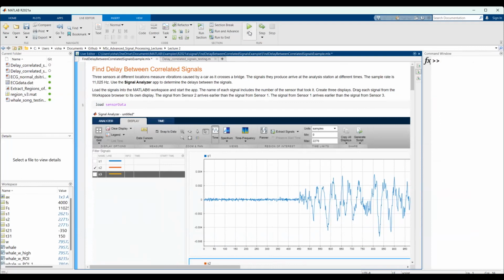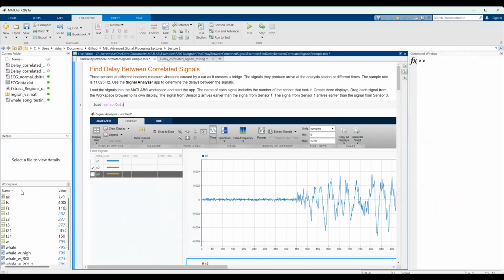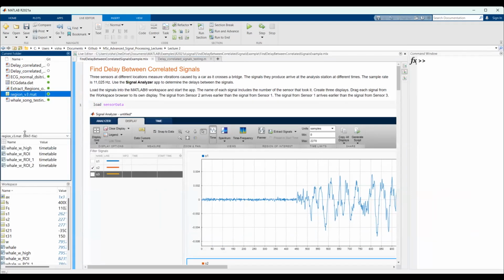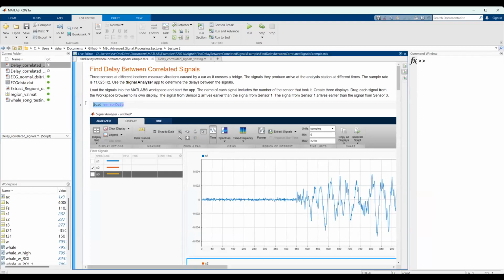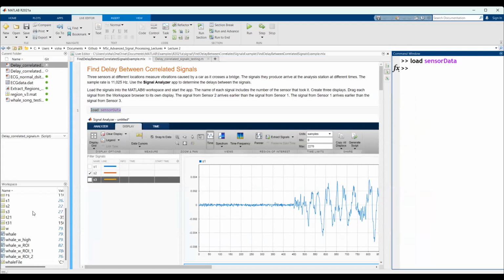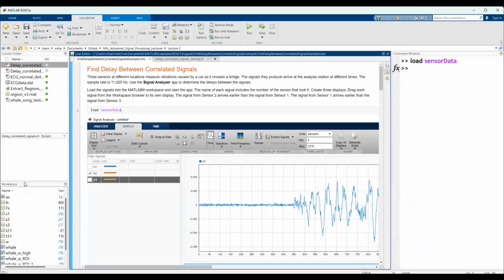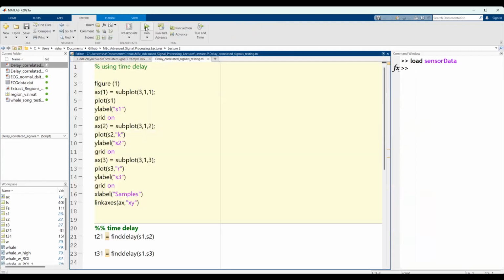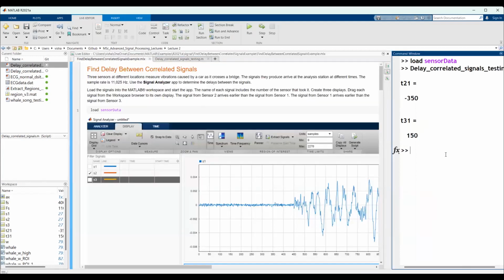I need to first run this, then I will be able to get that data. I think I already have that data; there's no error coming.